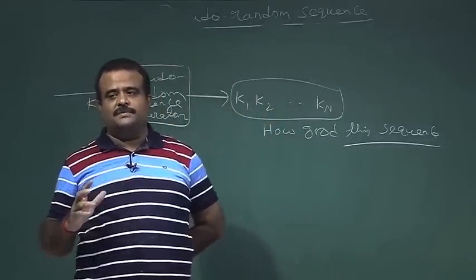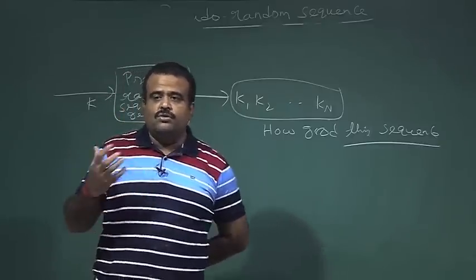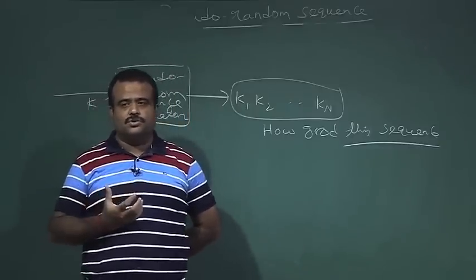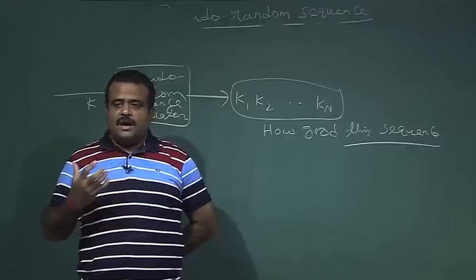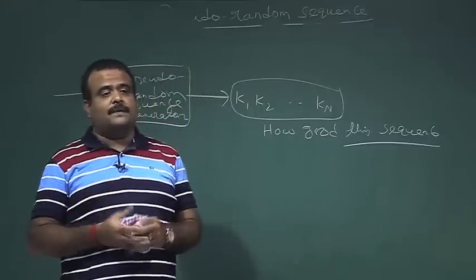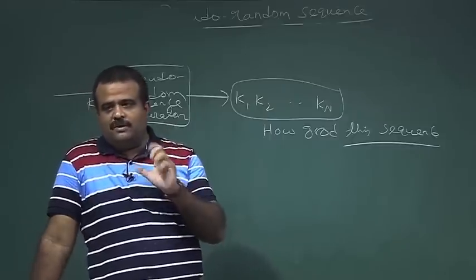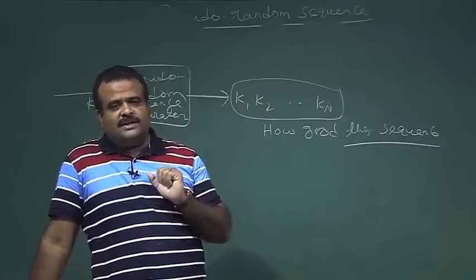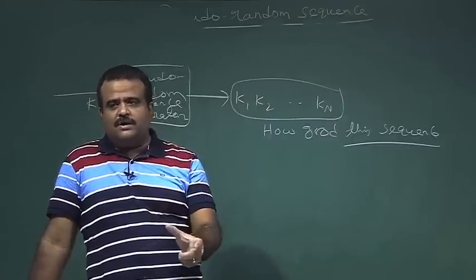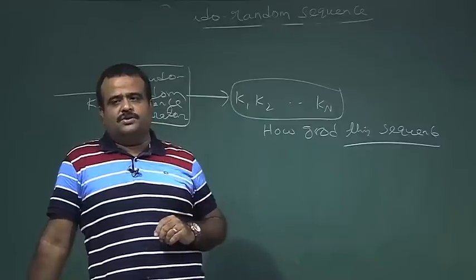Those tests are basically the necessary properties a truly random sequence should have. But suppose we define 10 tests and our sequence satisfies all 10 tests, then also we cannot say that this is a truly random sequence, because there may be thousands of other properties a truly random sequence should have.